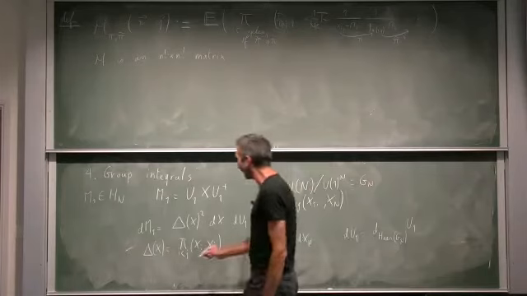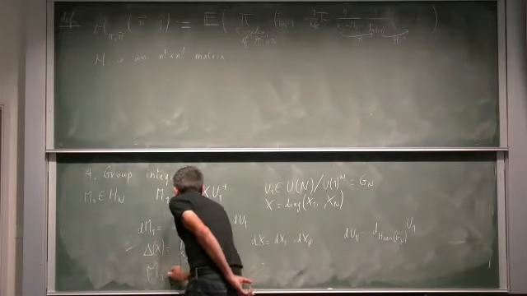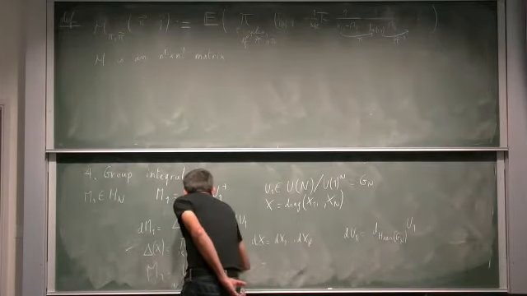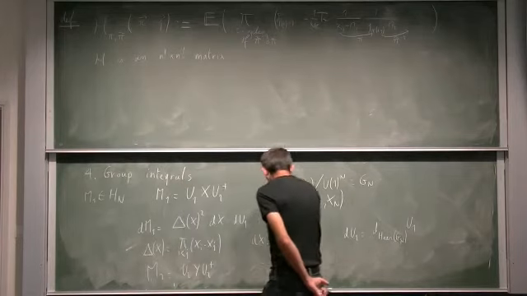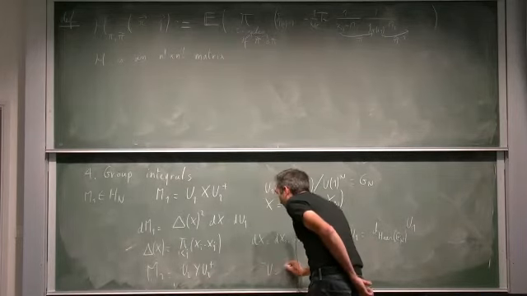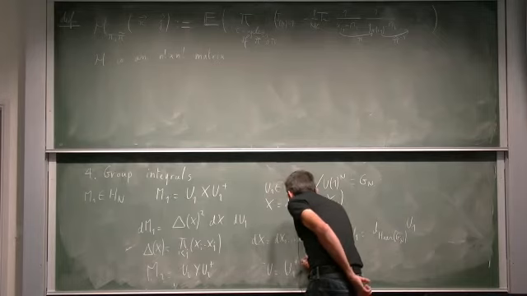You can do the same thing and write that M2 equals U2 y U2 dagger. And it's useful to define the matrix U equals U1 dagger U2.